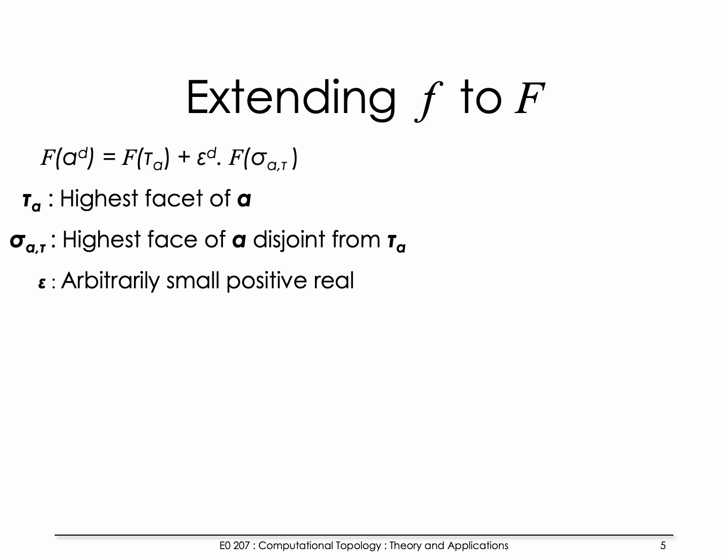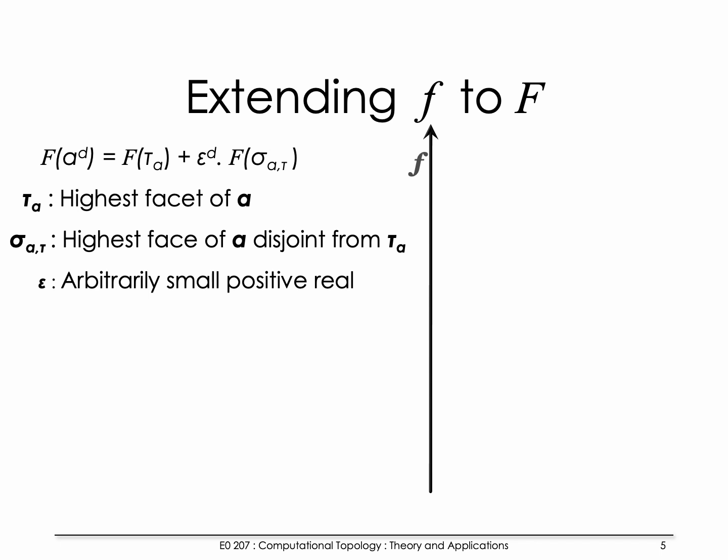And let sigma be the highest face of the cell alpha, which is disjoint from T sub alpha. So sigma and T sub alpha are both faces or facets of alpha, and they are disjoint from each other. And let epsilon be any small positive real value.